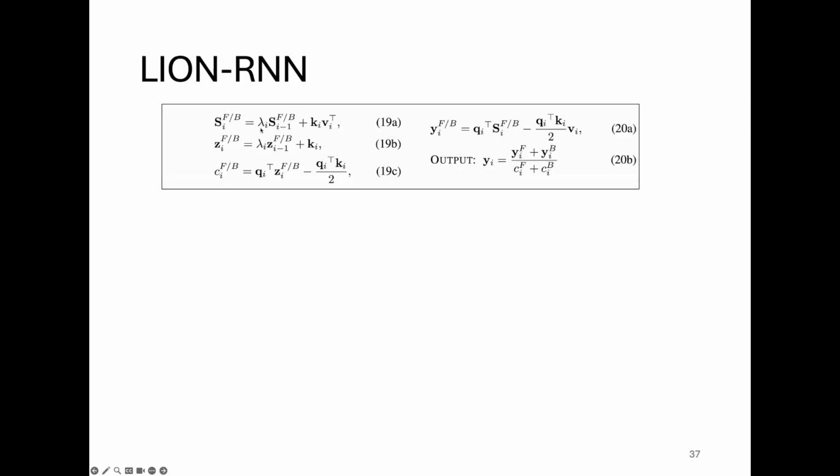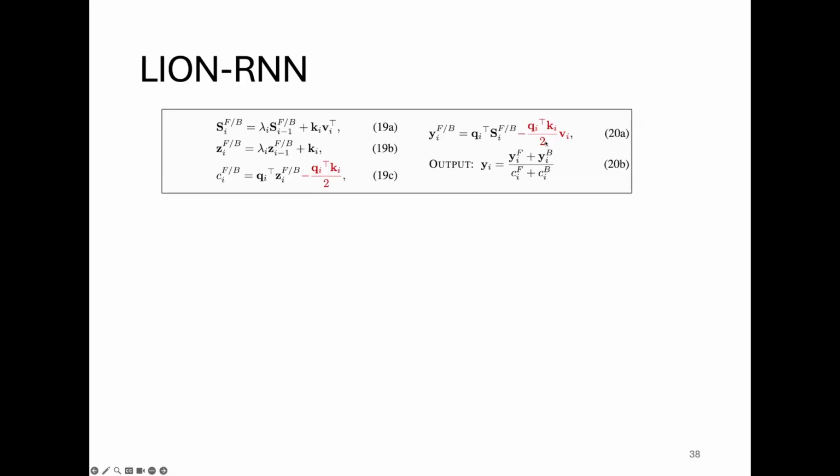One is for calculating the actual output. The other one is for keeping track of what's happening in the scaling. And then the final output is just a summation of forward and backward divided by the summation of scaling for forward and backward. And again, we have to notice that we are removing these two red terms, which are due to double counting.